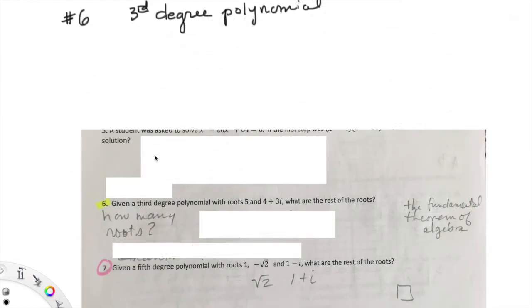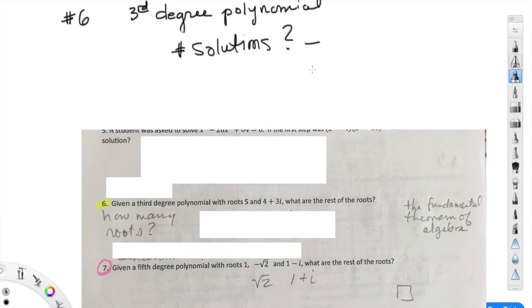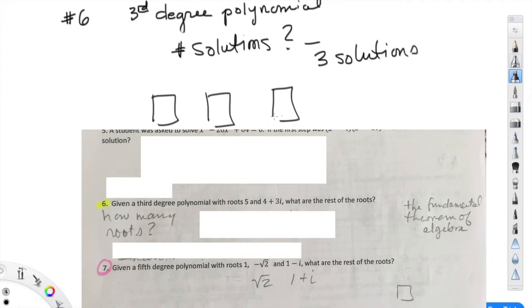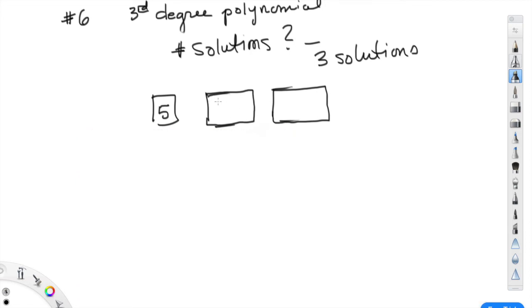In number 6, you have a third degree polynomial. That means it's going to have three solutions. One of the solutions is 5. The other solution is 4 plus 3i. And then there's another solution.